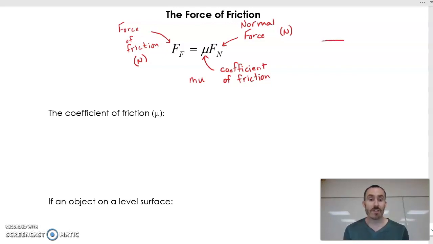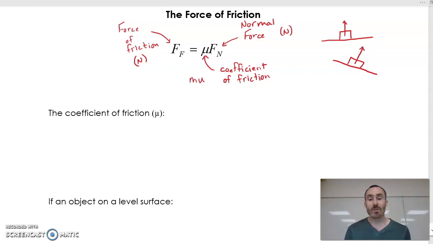So if you had a surface like this, and here's your object, the normal force would be pushing upward on the object. Normal means perpendicular. Notice that this force is perpendicular to the surface. But if you had an angled surface like this, the normal force would be pushing like that, perpendicular to the surface.